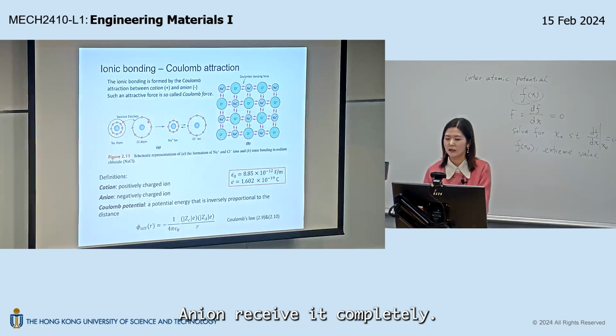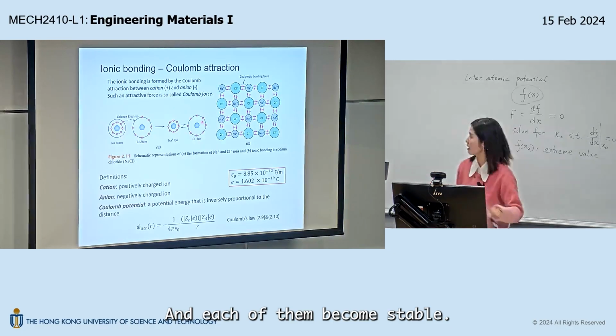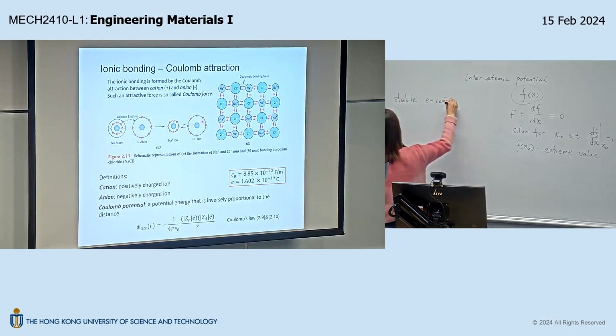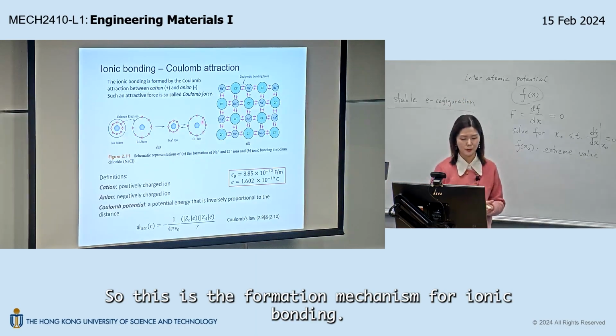Anion receives it completely. And each of them becomes a stable electron configuration. Okay, so this is the formation mechanism for ionic bonding.